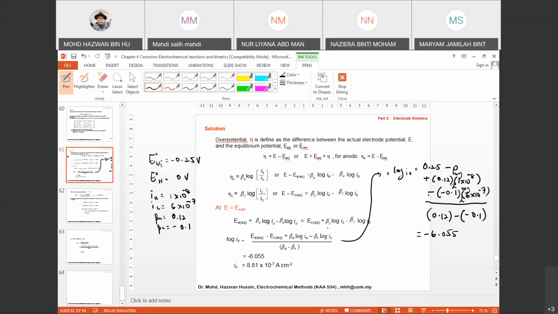I'm truly sorry, but I forgot about the log. So you should take the log first. And then when you anti-log minus 6.055, you will get the answer 8.8 times 10 power of minus 7.